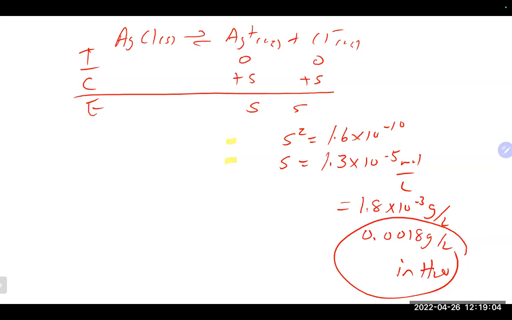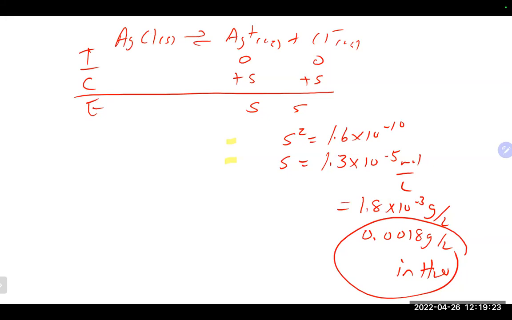That's a very big difference in solubility. What that emphasizes is that the presence of a ligand and the need to form a complex ion is very much favored. That's why we see very large values for Kf, because it is a very strong attraction.